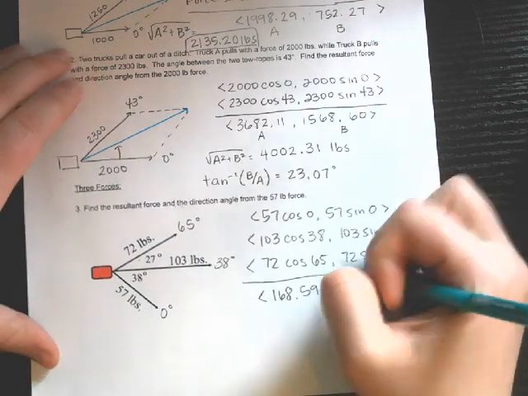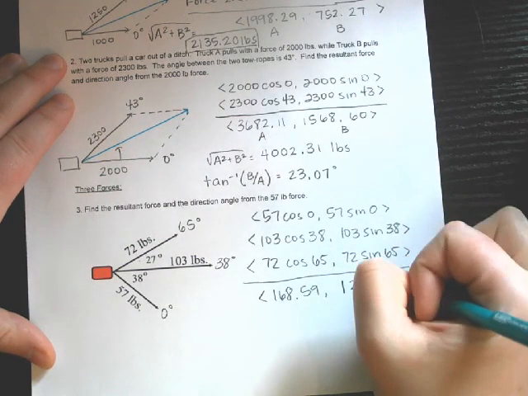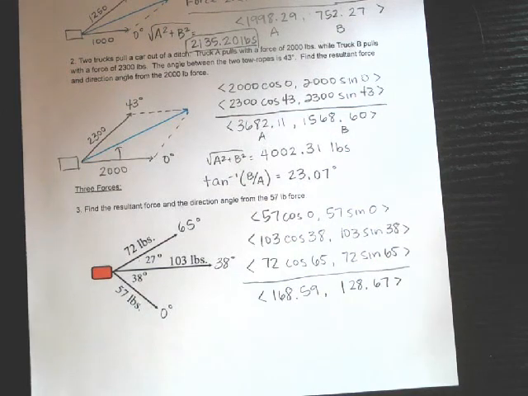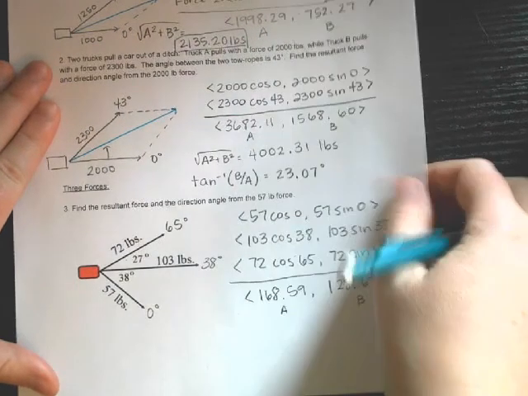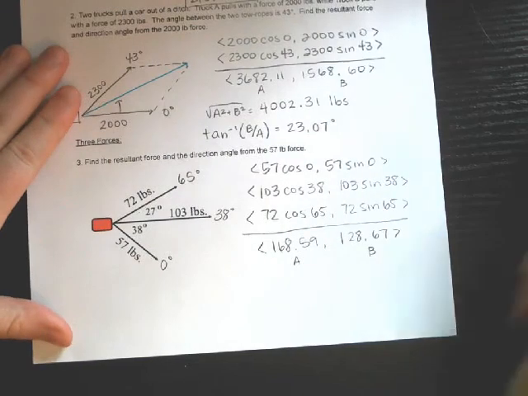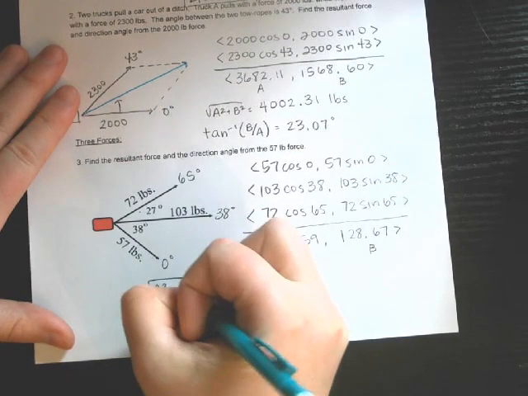Just double checking my work as well. And for this one, I got 128.67. And I'm going to save that one as B. All right, so now I have this one as A and this one as B.